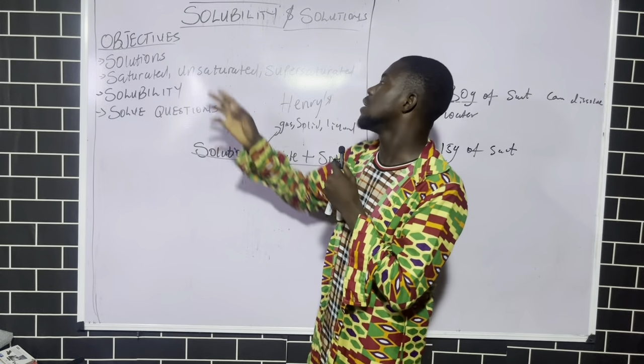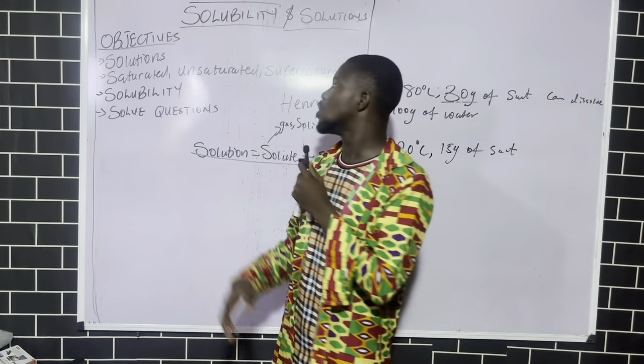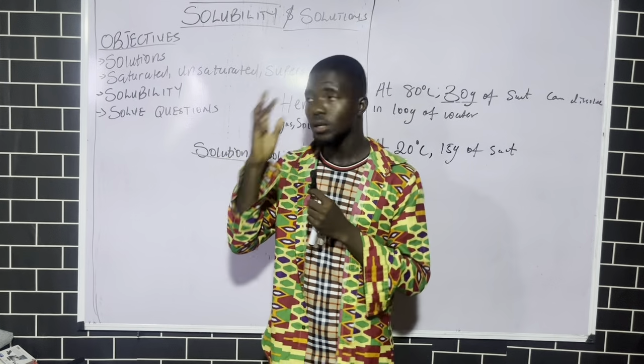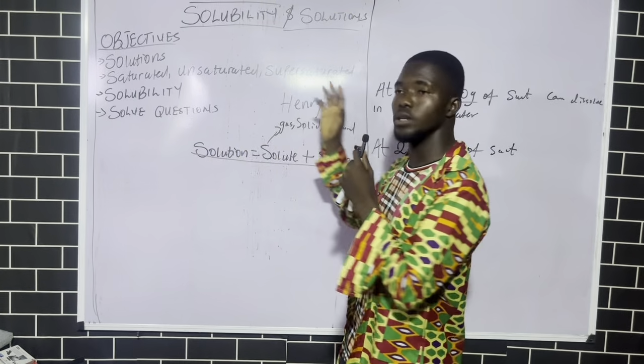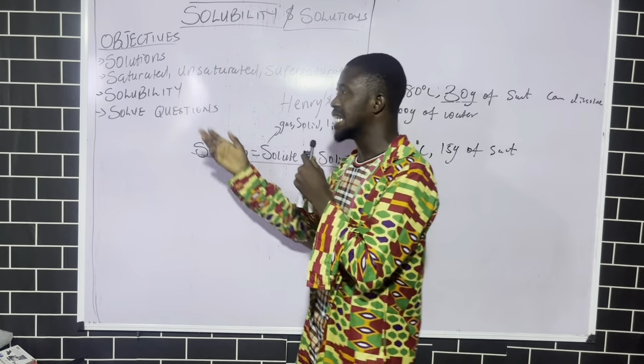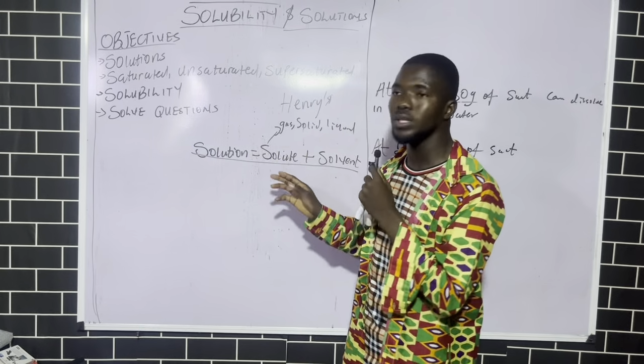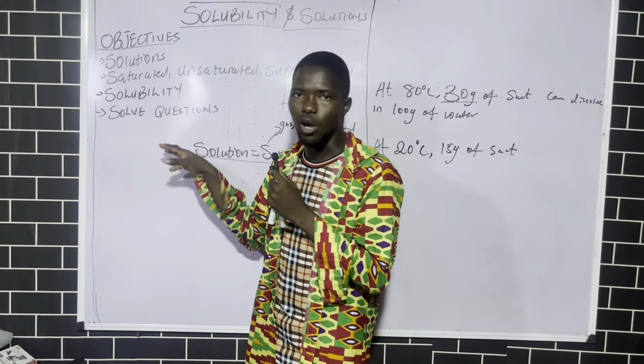Having understood that, now let's talk about solubility. What is solubility? Solubility is when a solute is dissolved in a solvent or in a solution. There are different ways it can be calculated. Actually, where our attention should dwell in this video is the calculation aspect.